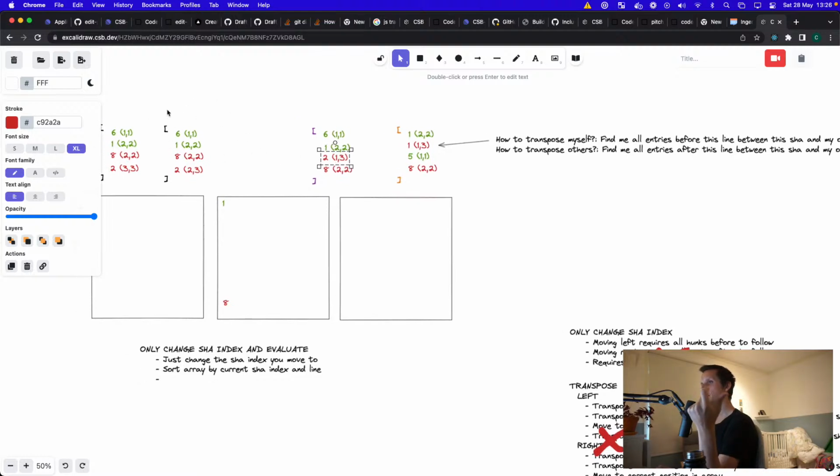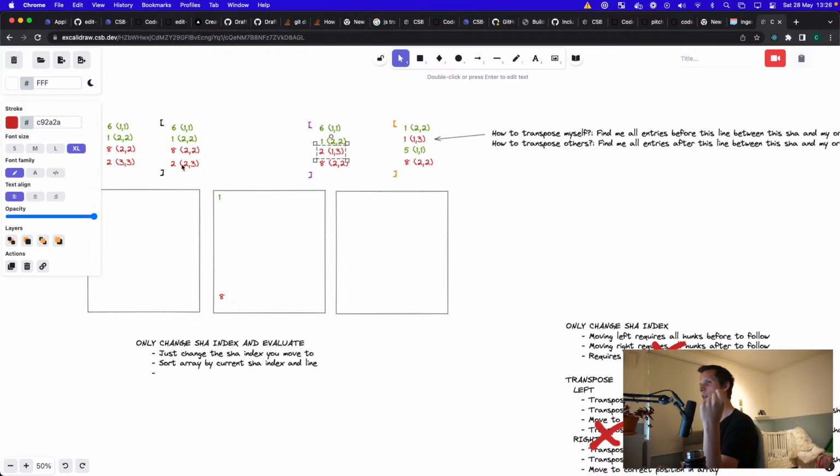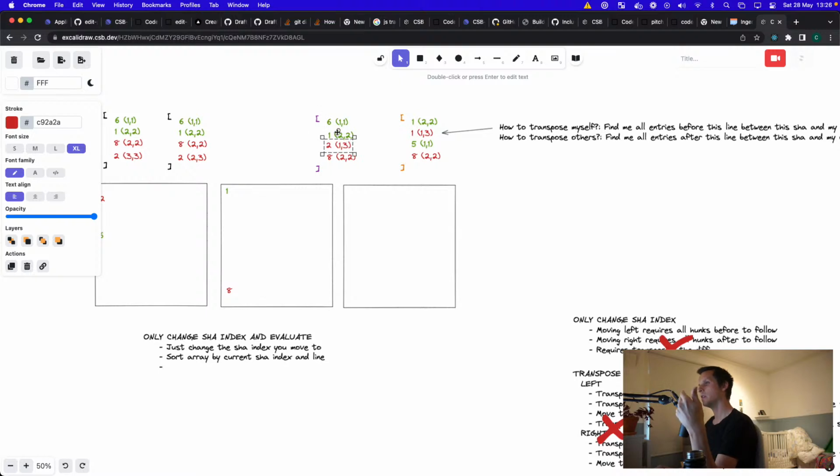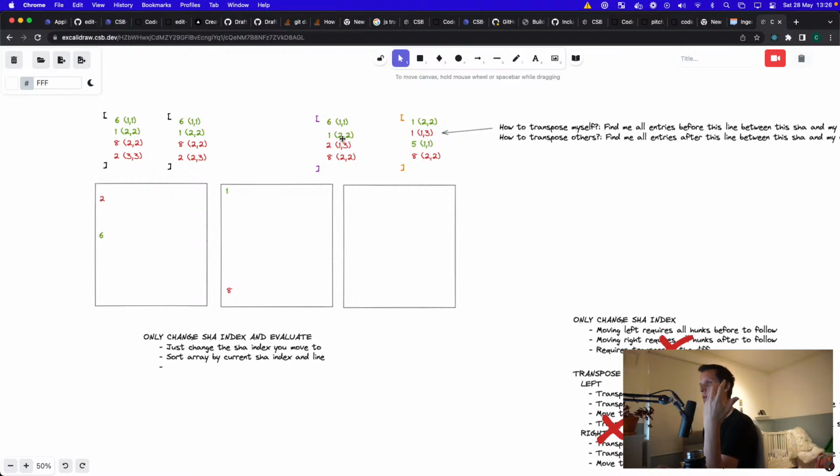So maybe it even looks in the original array. It finds 6, this one. Well, I guess it needs to find it in the same array because it needs to transpose it within the same array.